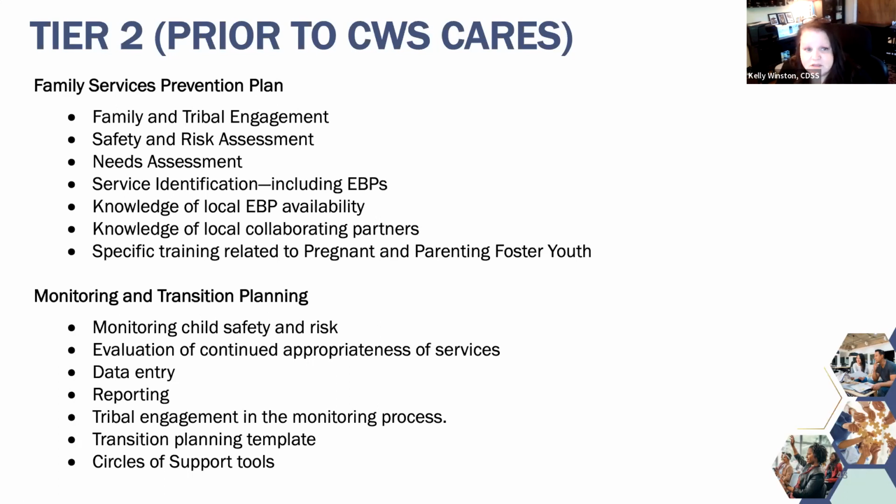The examples that are shown on this slide are focused on engagement, assessment and service selection, understanding the availability of EBPs locally, and of course, information about eligibility determinations, including the difference between a candidate for FFPS services and others who are eligible to receive those services, such as family members of candidates and foster youth who are pregnant and or parenting.